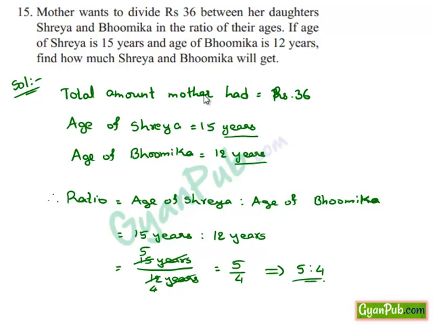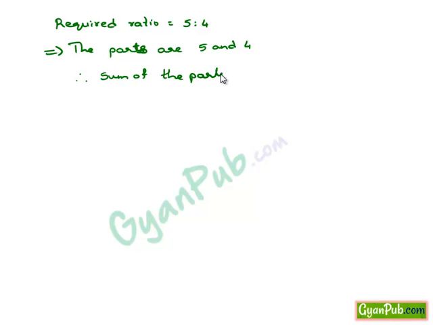Now we should divide the total money, that is rupees 36, in the ratio of 5:4. Required ratio is 5:4. This implies the two parts are 5 and 4. Therefore, sum of the parts in which Shreya and Bhoomika will get the share is equal to 5 plus 4, which gives 9.